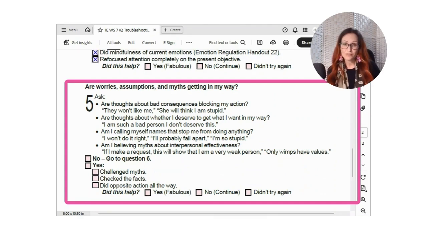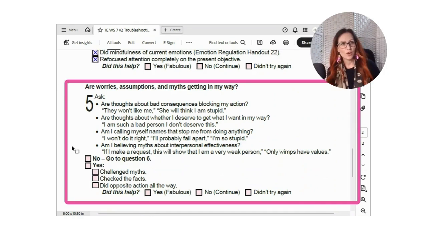Are you calling yourself names or criticizing yourself, such as telling yourself you're not doing it right? Or are you saying to yourself, I'll probably fall apart, or I'm stupid? Or are you believing in myths about interpersonal effectiveness? For example, thinking that people who make requests are weak, or that only wimps have values.